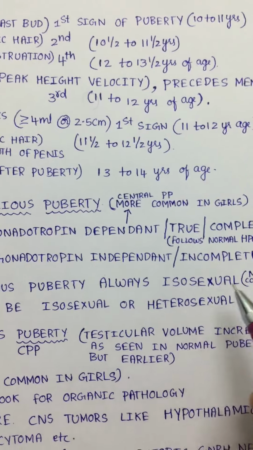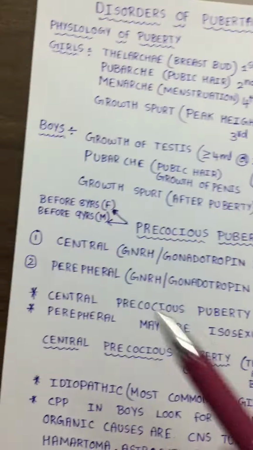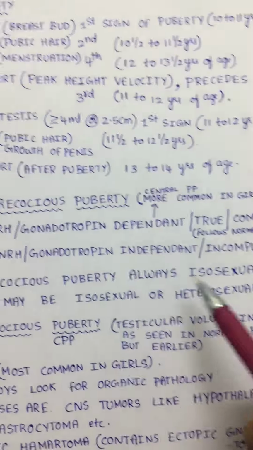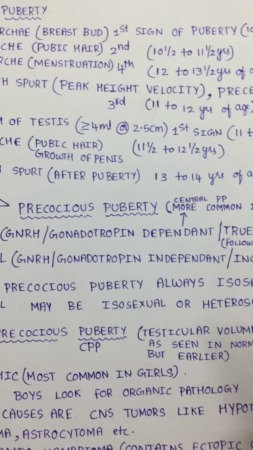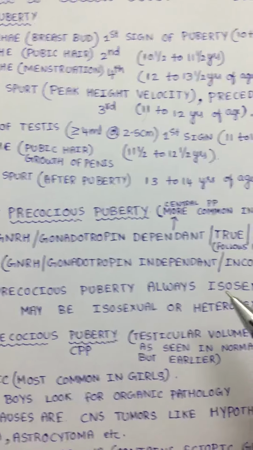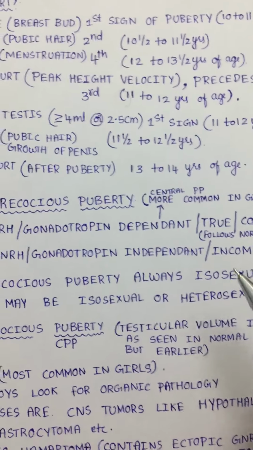So central precocious puberty is always isosexual, because the external and internal genitalia correspond with their genders.